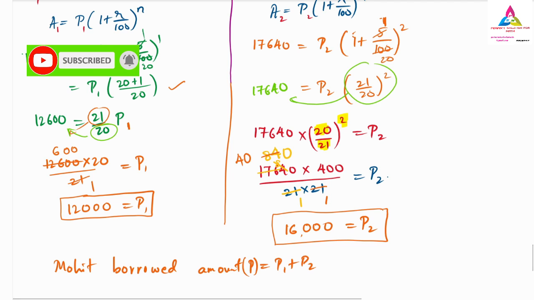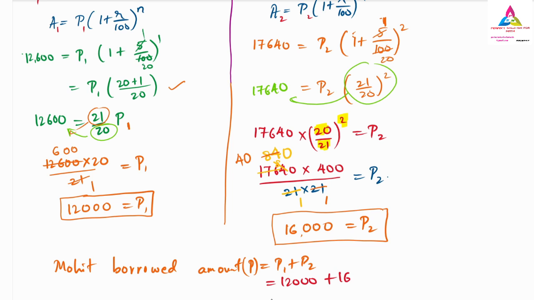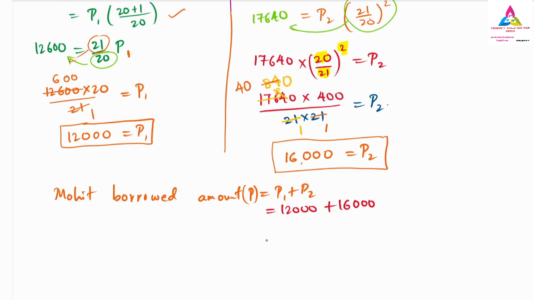We will add together. So P1 is here 12,000 and this is 16,000 for the second year. If we add together it will become 28,000. So rupees 28,000 is the amount borrowed by Mohit. Okay, so I have written it in reverse way. The amount borrowed by Mohit is equal to 28,000 rupees. So this is the answer.